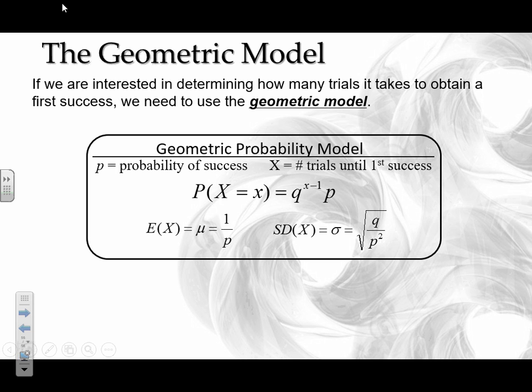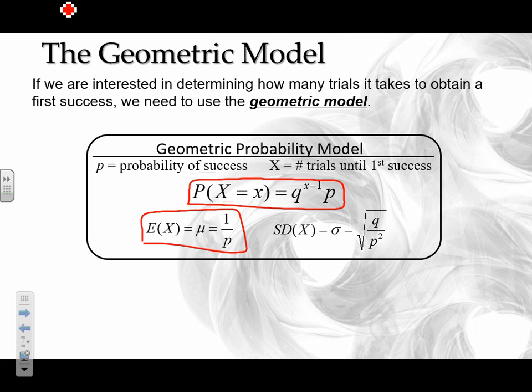So the standard deviation for this is much less important. We're not going to be dealing with it very often. So the main things you need to make sure you do know, you do have to know how to calculate expected value for a geometric setting, and you do need to know how to calculate the probability for a specific instance with your success. So what's the probability that on this particular attempt we succeed?